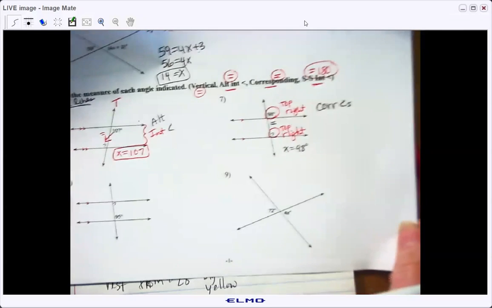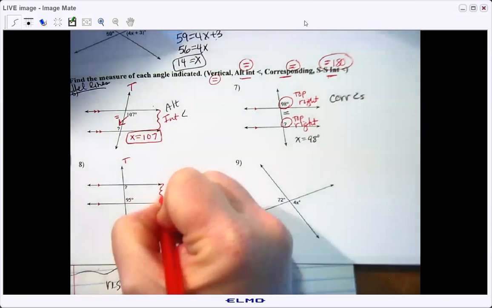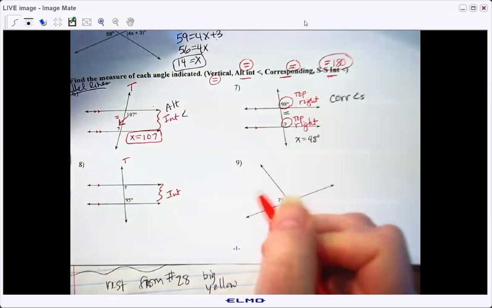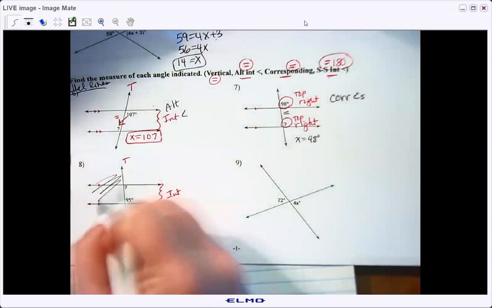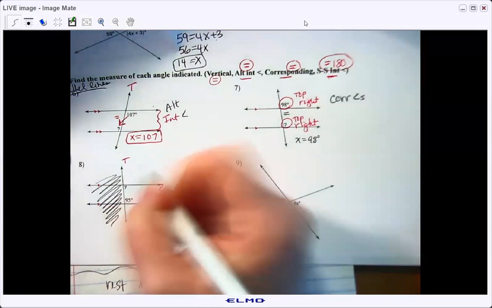Okay. Over here, noticing that this is my transversal. This is my interior. So we have interior. This is on the same side. So let me do this. If I just cross out that like that, this is on the same side of my transversal.